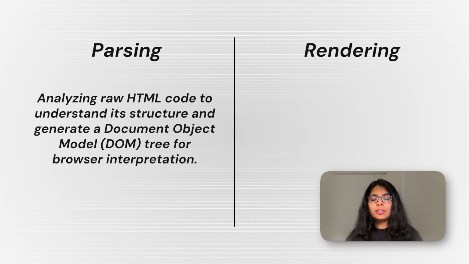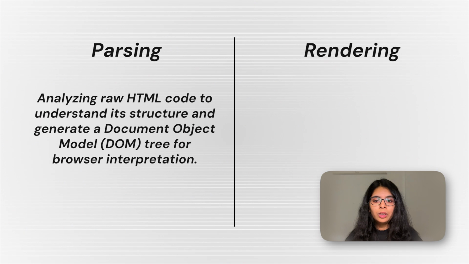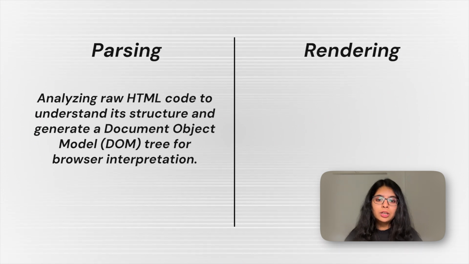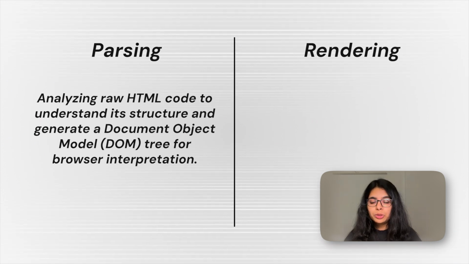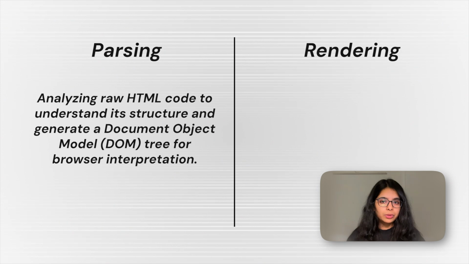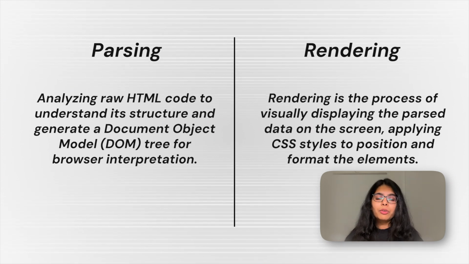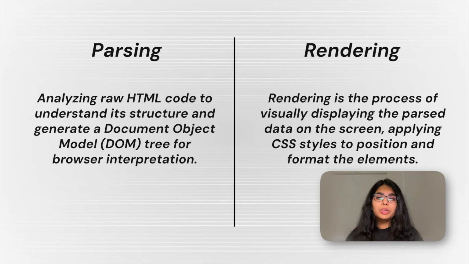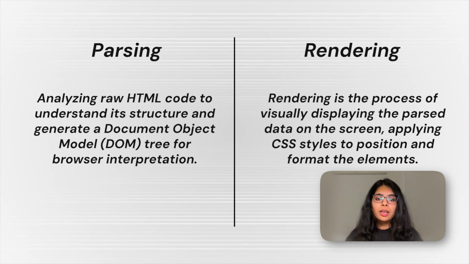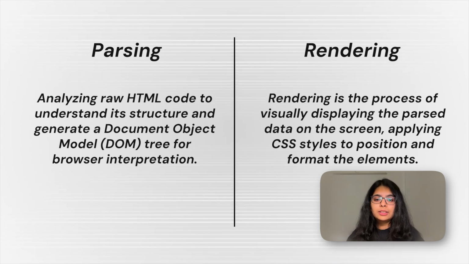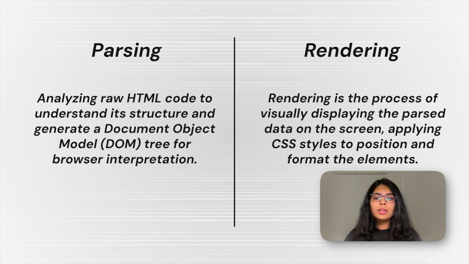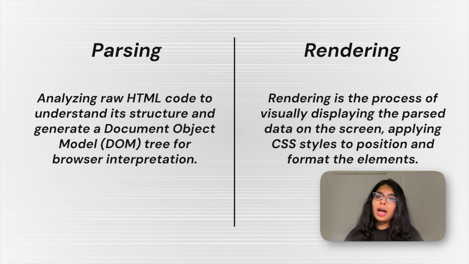Parsing means analyzing the raw HTML code to understand its structure and create a document object model tree within the browser. Whereas rendering is a subsequent step where that parsed data is visually displayed on the screen, taking into account the CSS styles to determine how the elements are positioned and formatted.